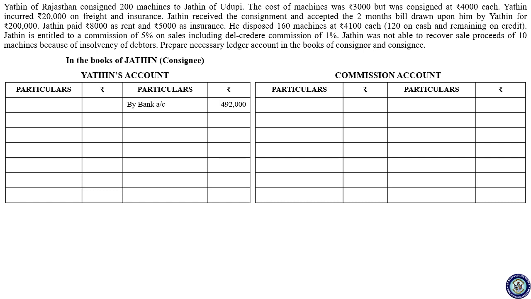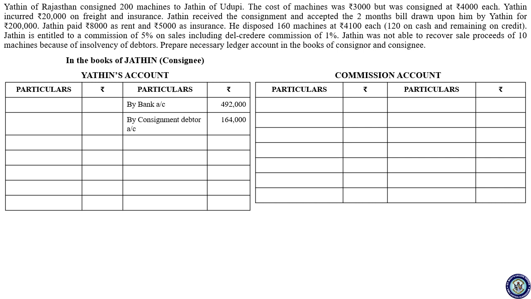So listen, don't write total value because the entire sale is not a cash sale. By bank and by consignment debtor, because the 40 units were sold on credit, so the immediate cash payment is not done by the buyer. So by bank, how much cash received, by consignment debtor, what is the credit sale value.